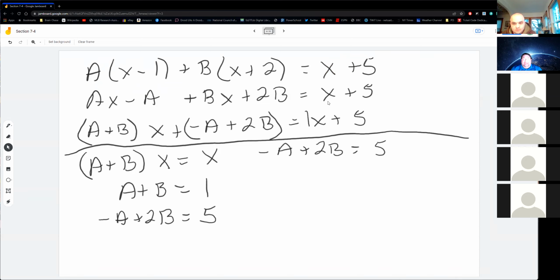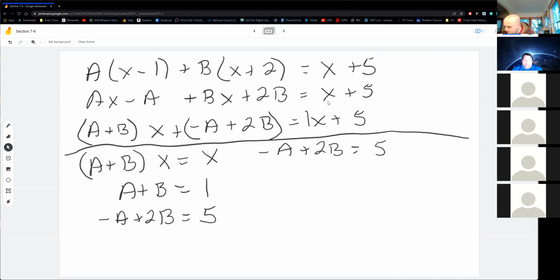I have A, I have B, and I have X. So we can't solve this equation the way that it's set up right now. So what I'm really looking for is the coefficients in front of those pieces. I'm looking for the coefficient in front of the X, and I'm looking for the constant term at the end. And I'm saying, okay, what does the A and B have to be to make these two sides identical?